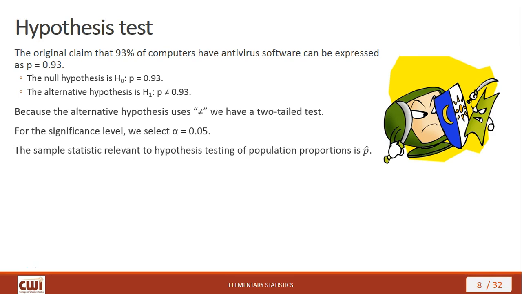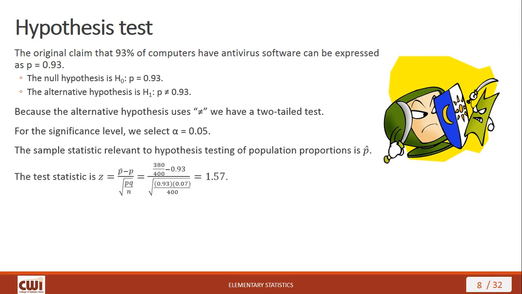The sample statistic relative to hypothesis testing of population proportions is p hat, the sample proportion. Remember, the sample proportions are unbiased estimators. They target the population proportions, and so this makes this the relative sample statistic for testing population proportions.